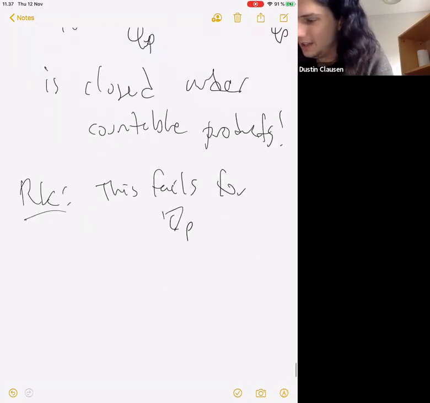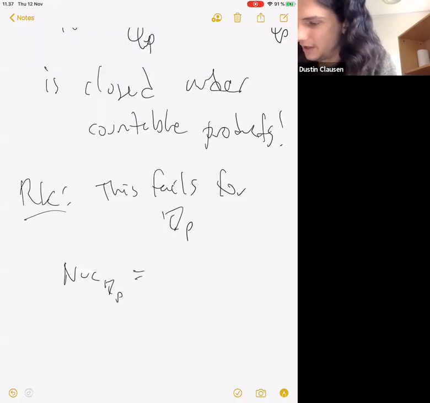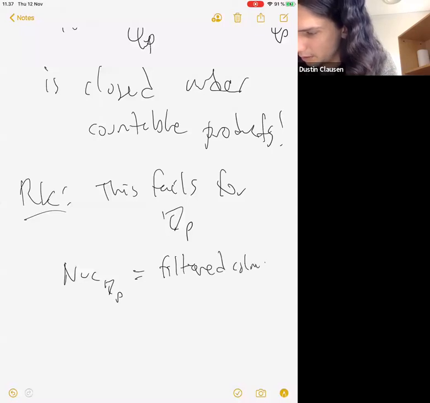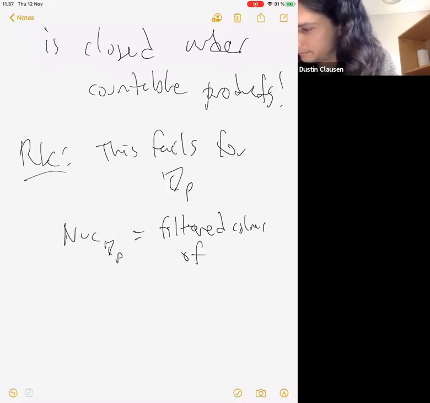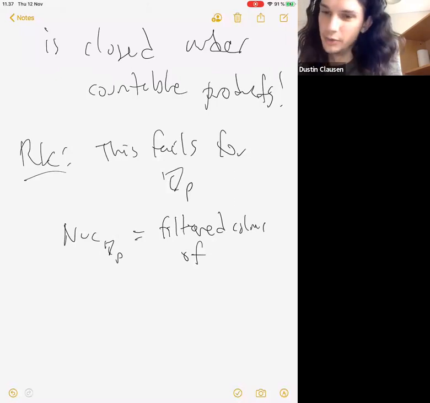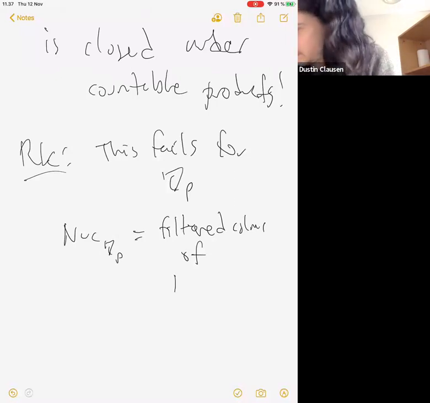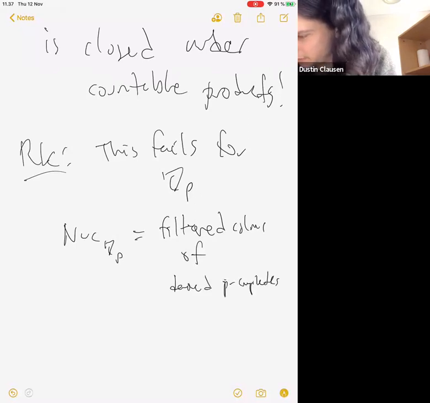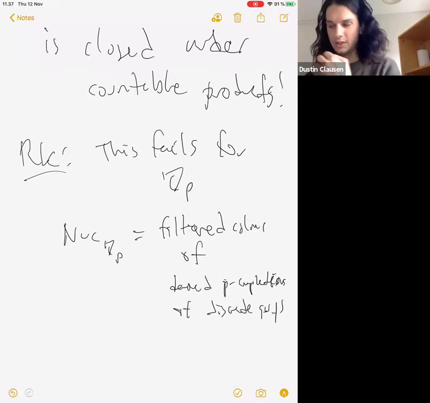So for Z_p, nuclear Z_p-modules, you can characterize them very similarly. They are the filtered colimits of, well, the analog of unit balls in Banach spaces, so derived p-completions of discrete modules.